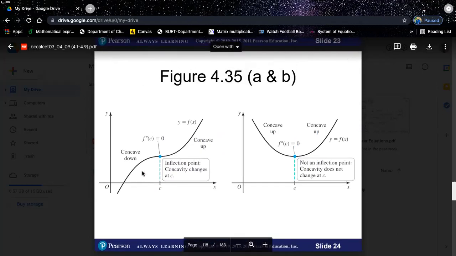For example, if you draw tangent lines here, it will be positive, right? Then if you draw a tangent line here, it will be 0, and then it will be positive here again. So what does this mean? At this point, your derivative is 0.